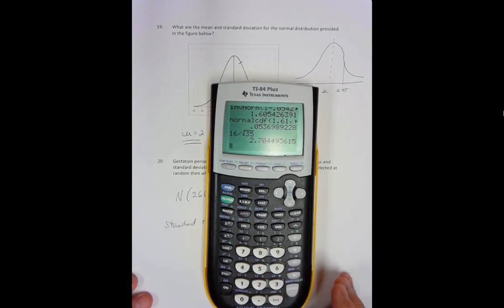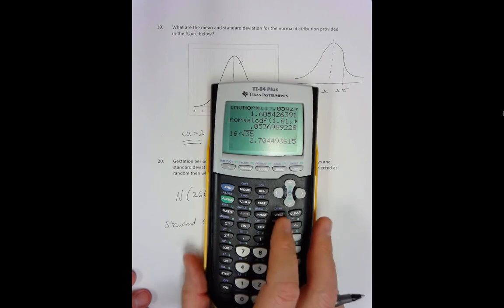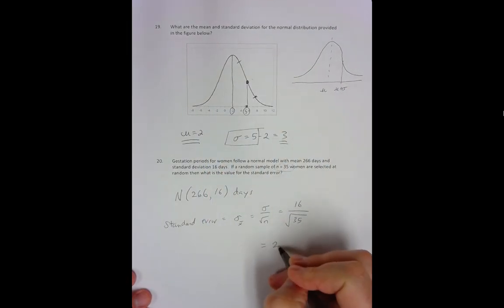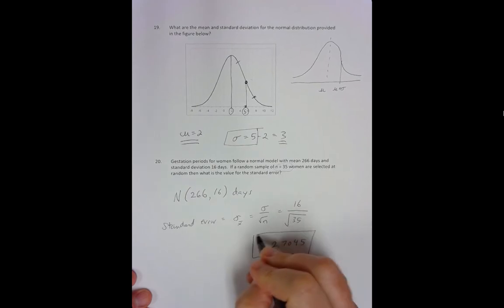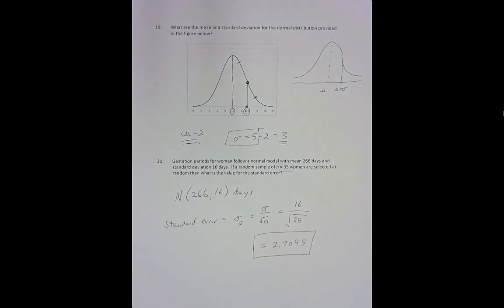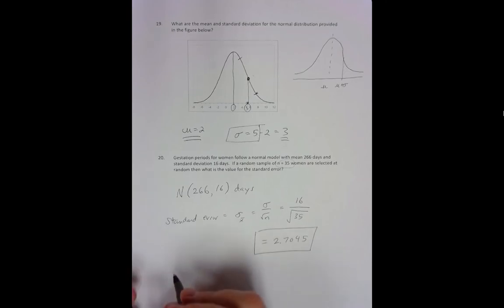So 2.7045 is the answer. Now, guys, on your exam, because it's multiple choice, rounding is not going to be an issue. You would have the answers over here.